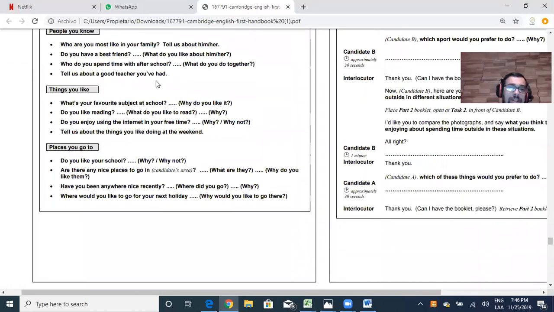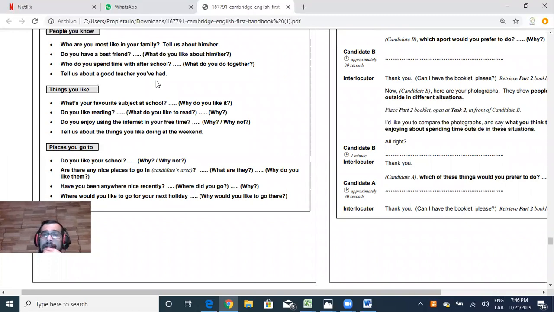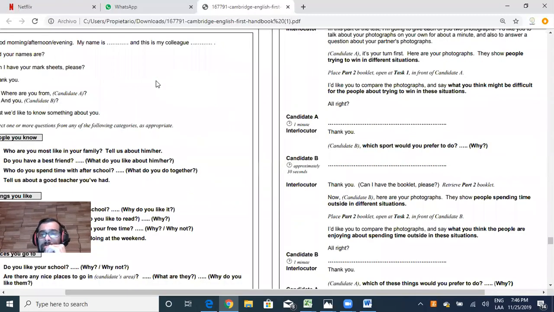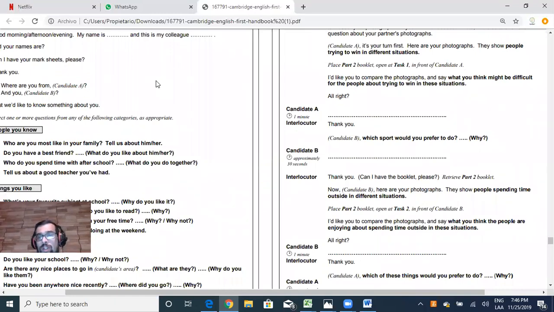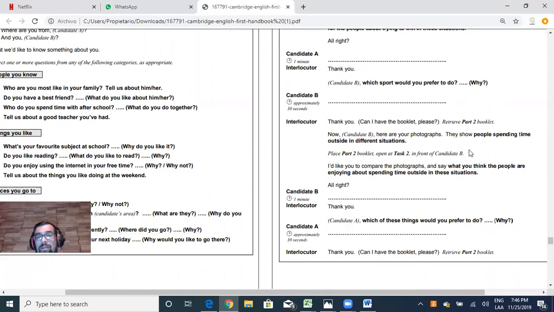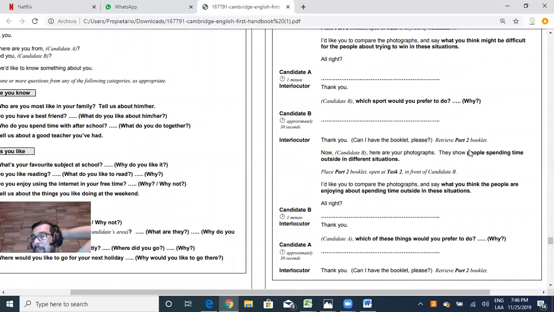Which sport do you prefer to do and why? I prefer to do running, because if you do running, I think you can be more healthy.